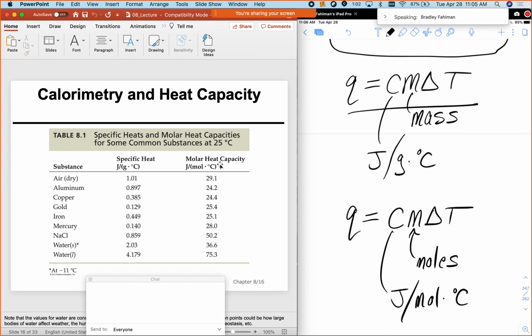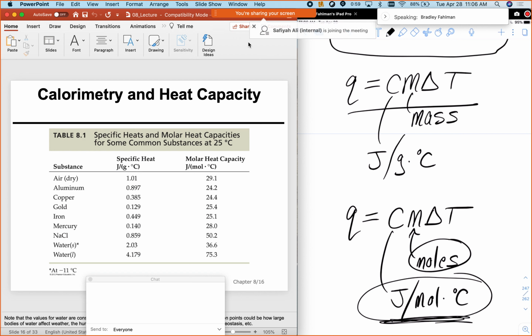So just really look at the question. If the units that you're given for heat capacity is this, then you're going to have to use moles. So you'll usually have to convert grams to moles in the question. But if you're given this directly, then there's no need to convert anything.